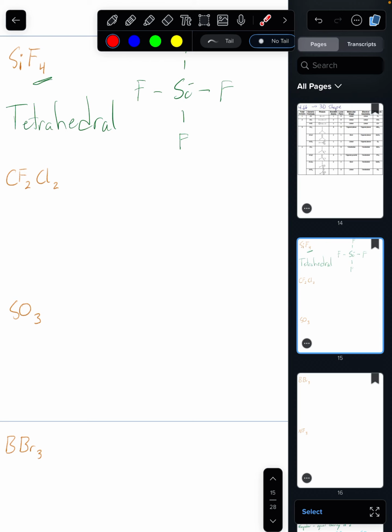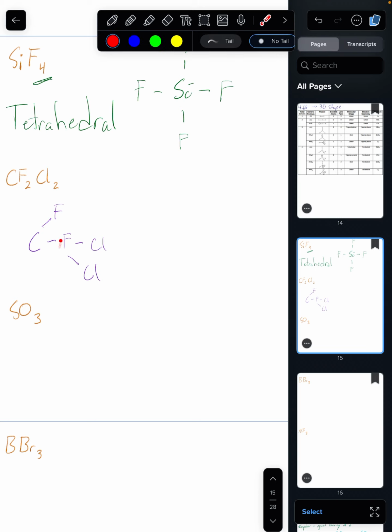This one's a little bit harder because you could do it as this. You could do it as this way.